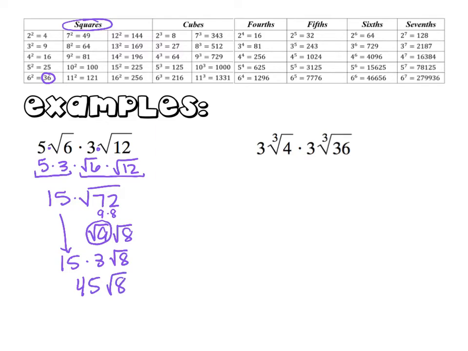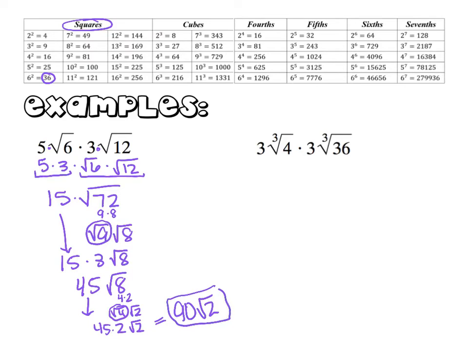But can I still divide 8 by any perfect squares? I can still divide 8 by 4. So I could write that as 4 times 2, or the square root of 4 and the square root of 2, which would really be 2 square roots of 2. And I still have the times 45 in the front. So we end up with 90 square roots of 2.